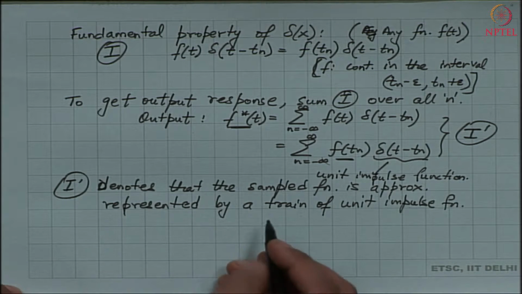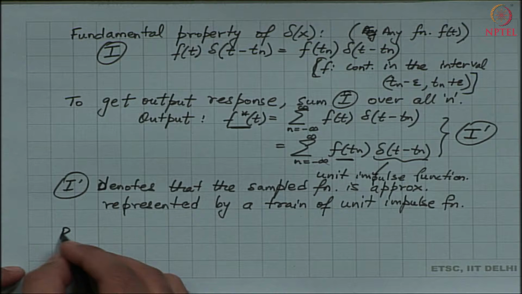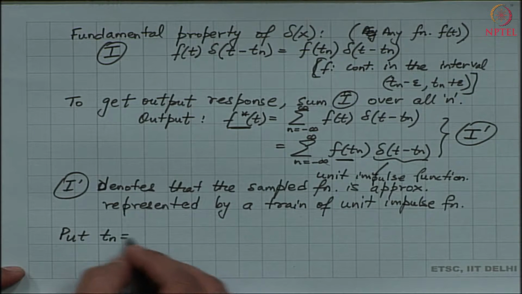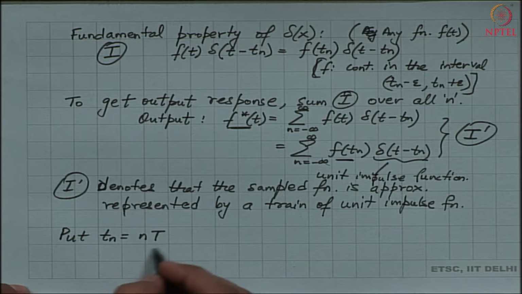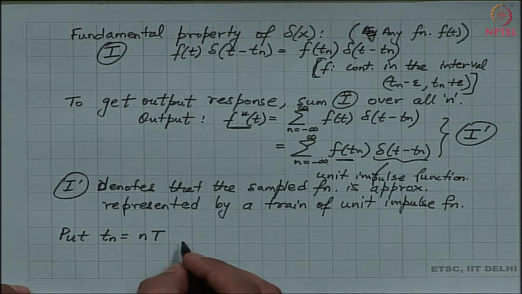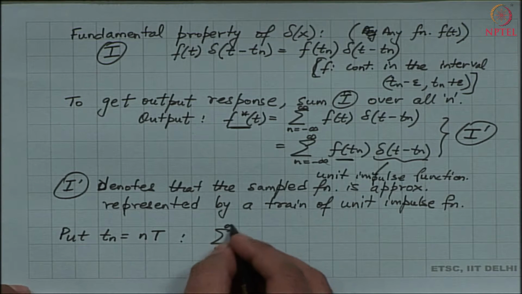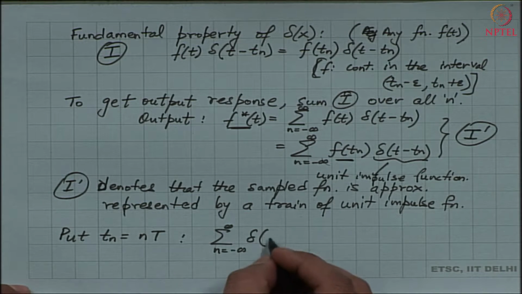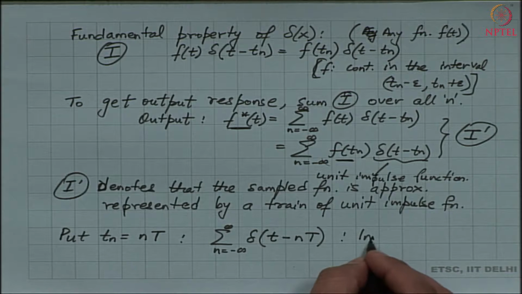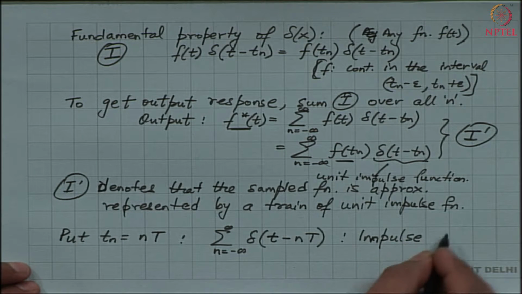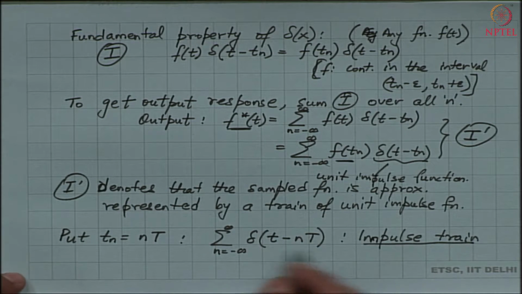Now, let us make another approximation. Let us say I am going to use my time points t n to be equally spaced, with interval capital T. In this particular case the series n from negative infinity to infinity is known as the impulse train. All these terms are quite prevalent in signal processing.